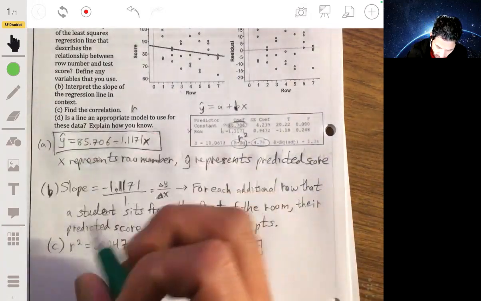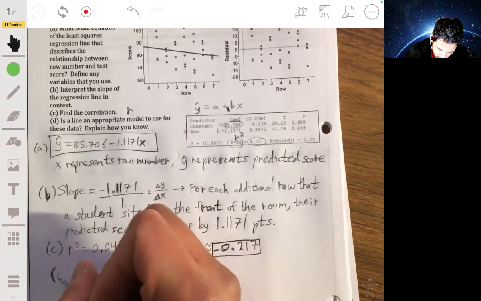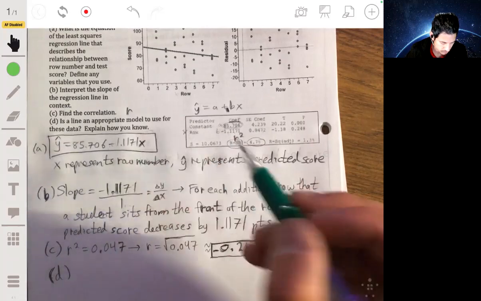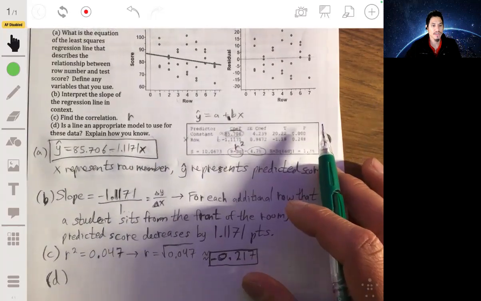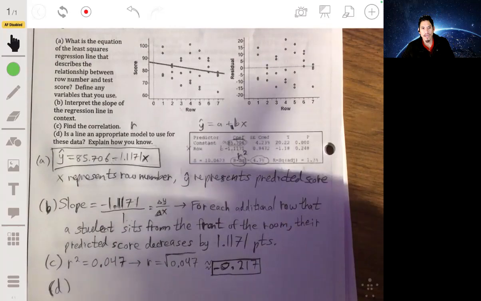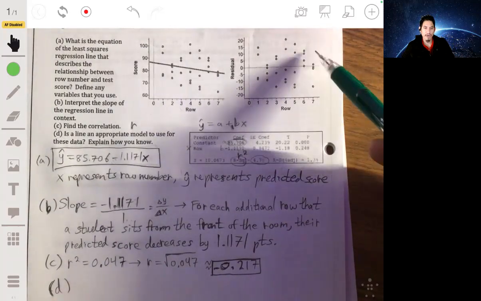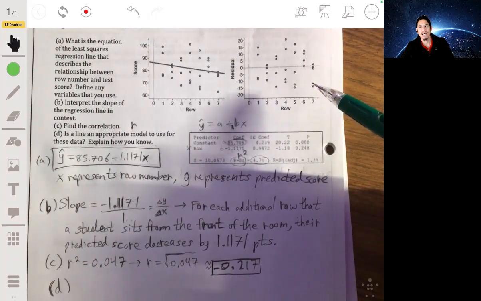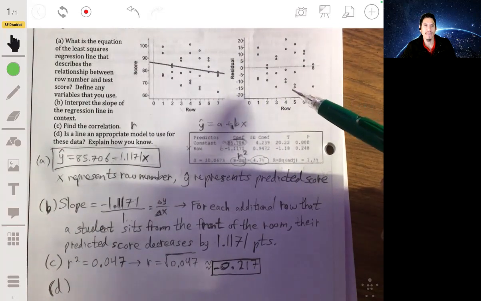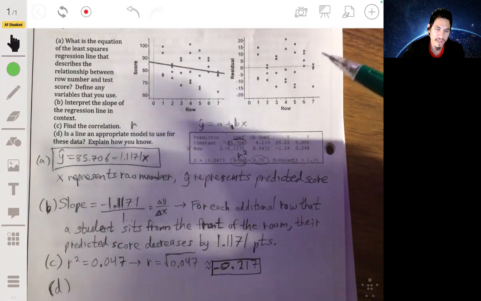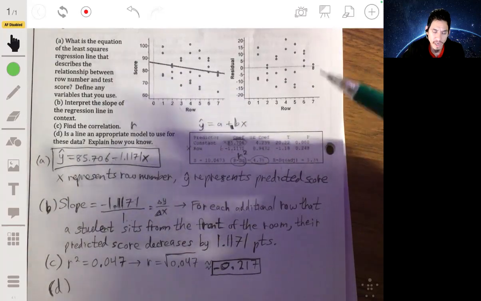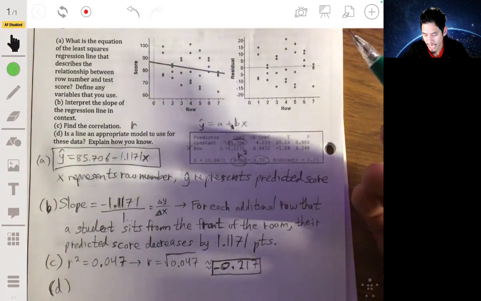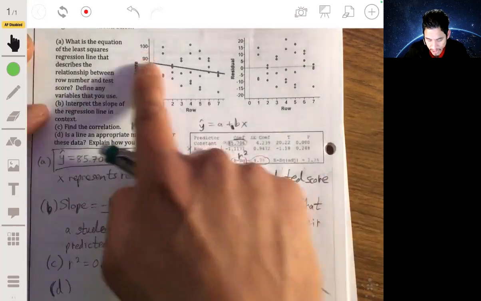All right, and the last one is to determine an appropriate model to use for these data. Explain how you know. Okay, so going back to the concept of residual plots. Remember, a residual plot is a way to tell you if it's reasonable to use a linear equation to represent the scatter plot of the data.